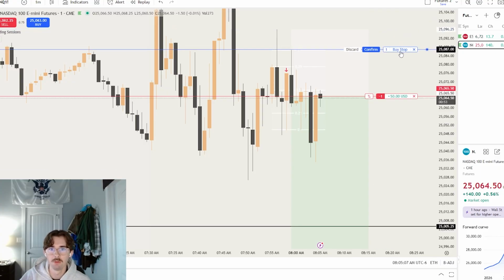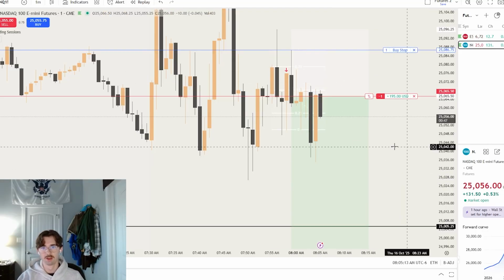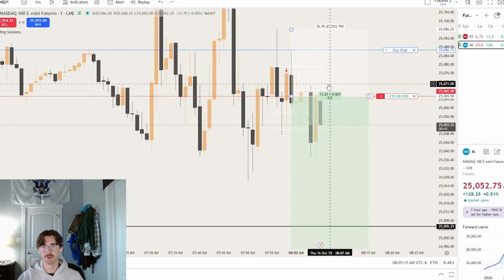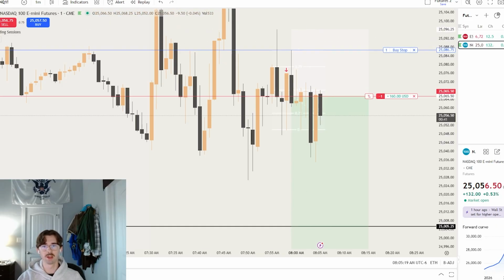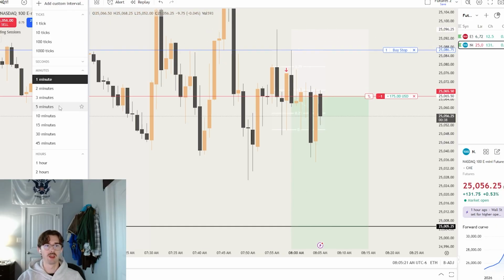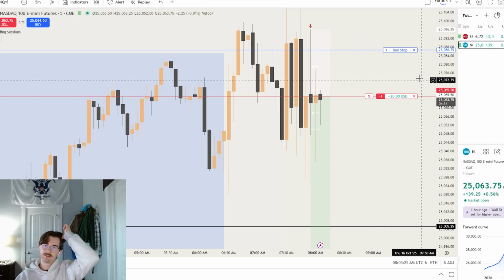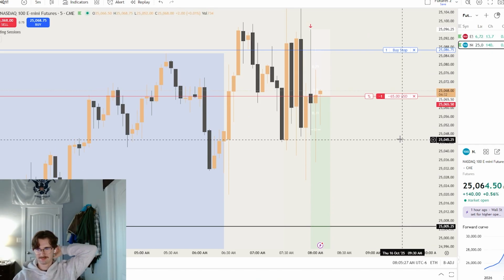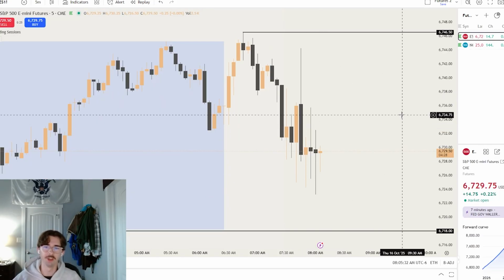I'm moving my stop right here. It's a little better protected, because brick structure would be right here on the 1 minute, and this is the brick structure on the 5 minute. But just these dojis.